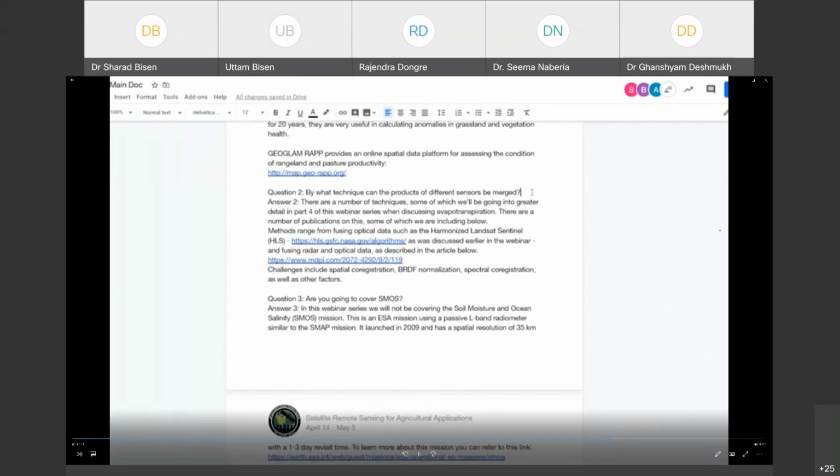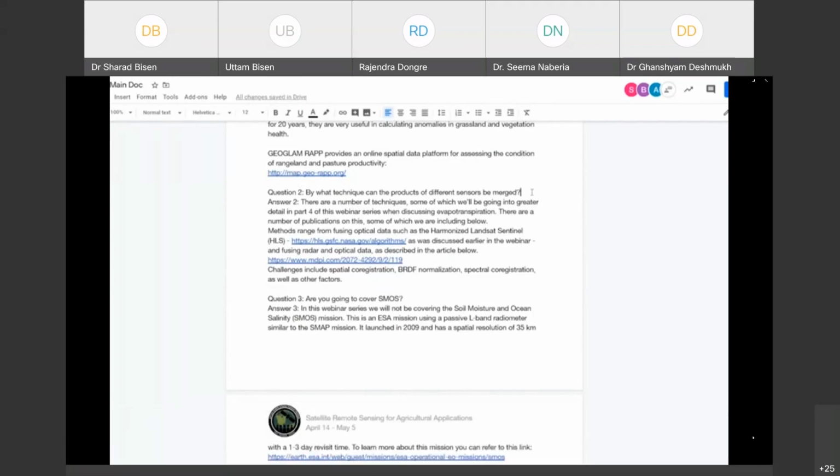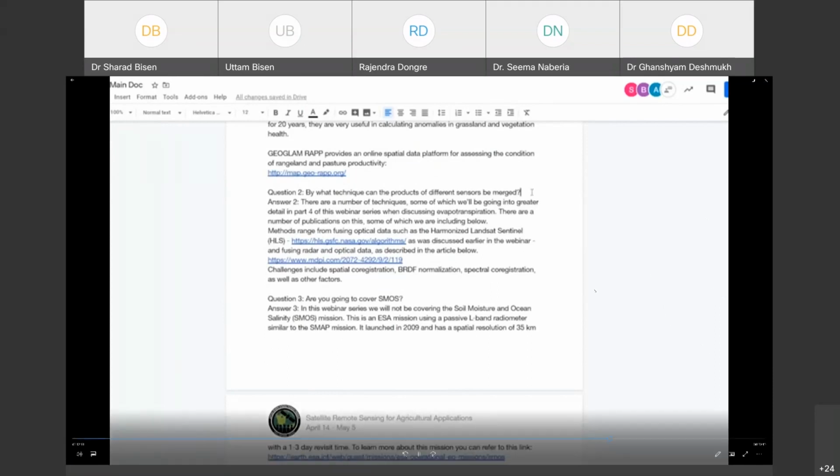We're providing some publications below, and a good example was from the Harmonized Landsat Sentinel mission, which we discussed earlier in the webinar. We've provided a link to that so you can learn more about how they fused optical data from different sensors. And the other link below is an example of fusing radar with optical data.